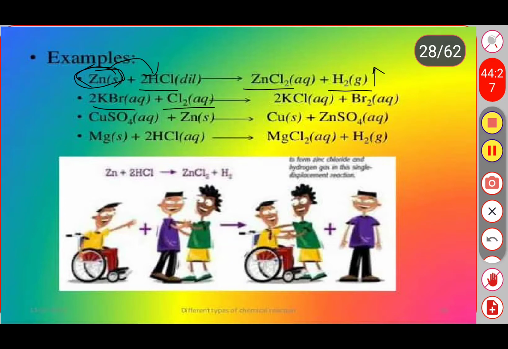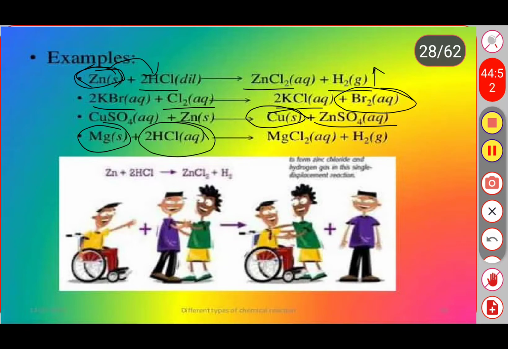Next one, copper sulfate. When copper sulfate is combined with zinc, it forms zinc sulfate and copper will get separated. Magnesium. When magnesium is combined with hydrochloric acid, it forms magnesium chloride and hydrogen gas will be liberated. So these are some examples of single displacement reactions.